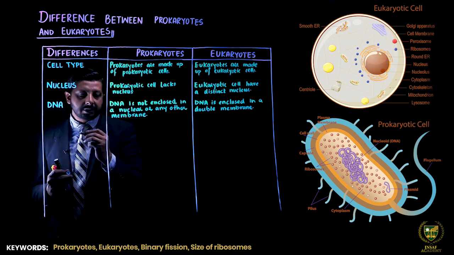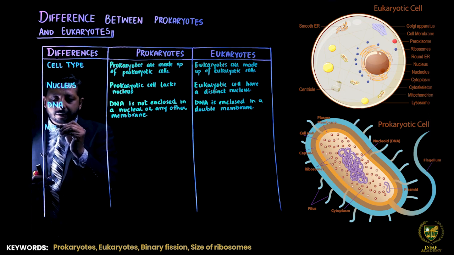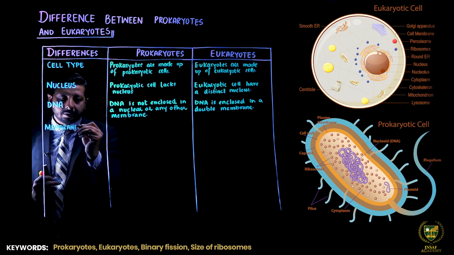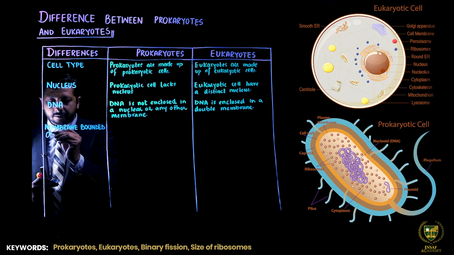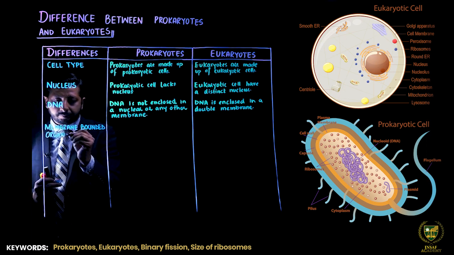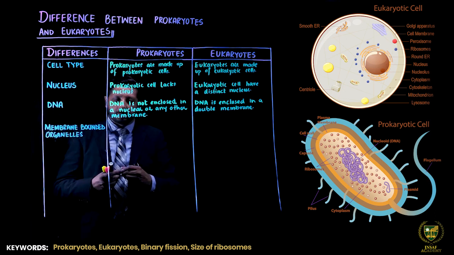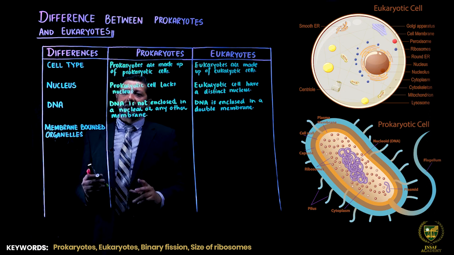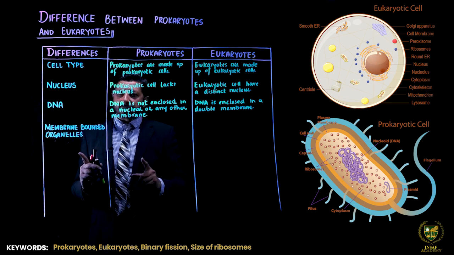Next difference is of the membrane bounded organelles. The major difference between the eukaryotic and prokaryotic cell is the presence of membranes, the cell membranes, not the plasma membrane.